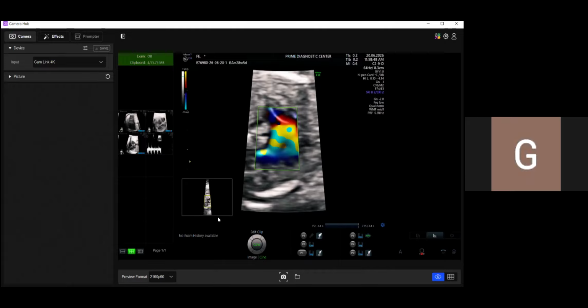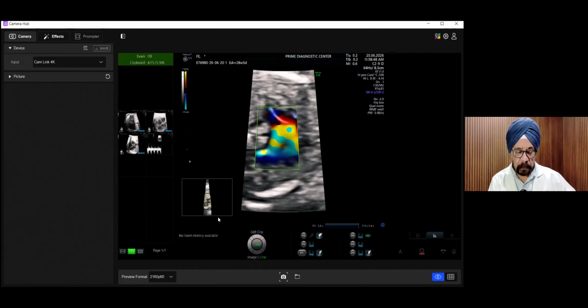Sir, in what conditions can the aorta be dilated in a fetus? There are many. Other pathologies like pulmonary atresia, tetralogy of Fallot, or even double outlet right ventricle with a small pulmonary artery or PS.